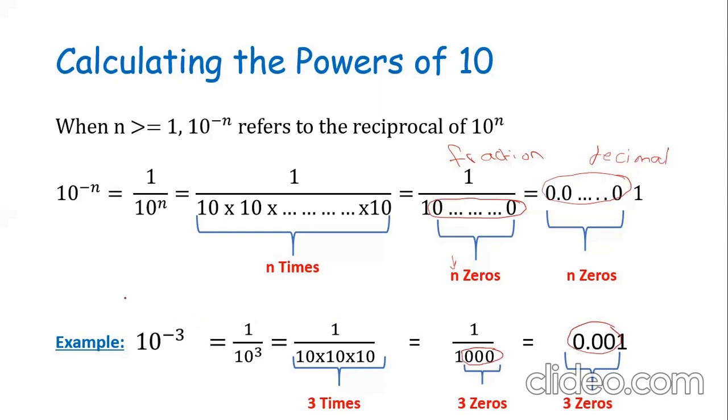Let's take another example. 10 to the power of minus 5. This is equal to 1 over 10, change the sign, to the power of 5. And this in turn is equal to 1 over 10 multiplied by itself 5 times.